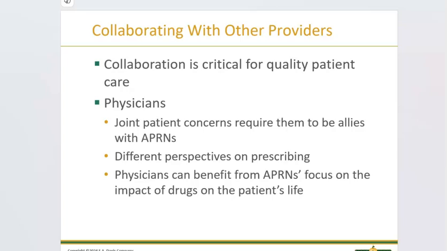Working as a nurse practitioner, you will be collaborating with other providers. It's going to be critical. I love that the book goes into talking about physicians and the relationship with APRNs. Historically, it has been a bit of a roller coaster ride. I think they say that well in your book.